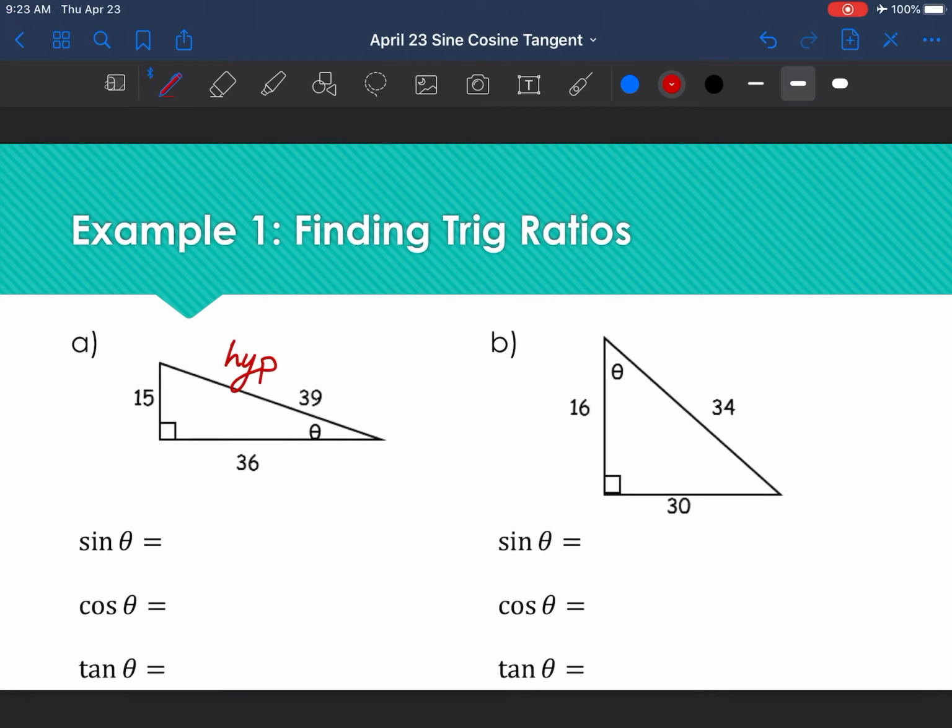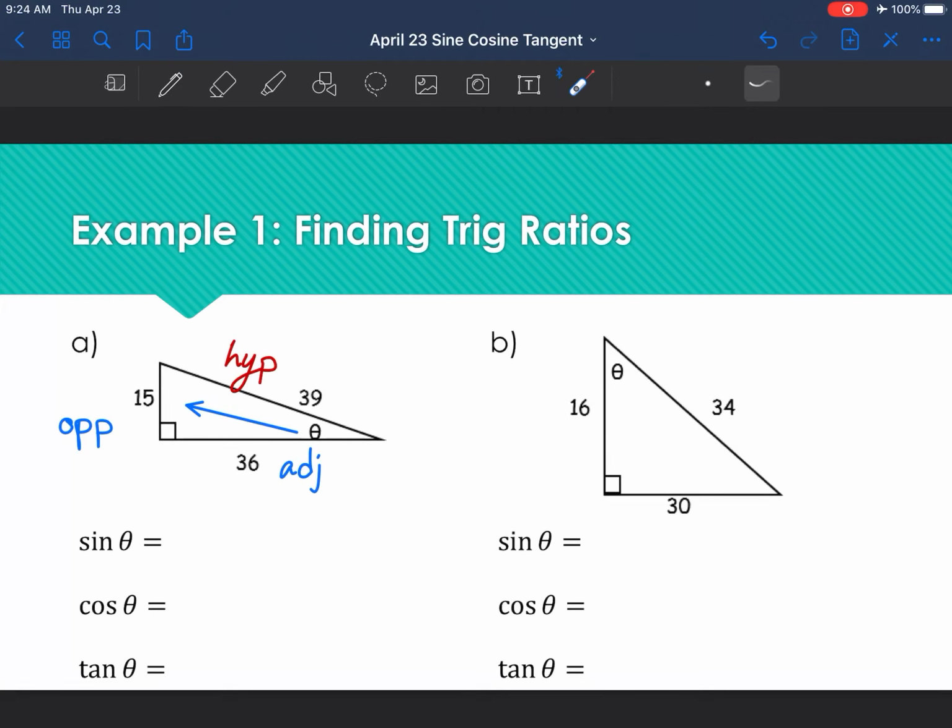Then you look for theta, and go across from that, and that's going to be your opposite side. And the remaining one has to be the adjacent side, because it's next to theta.